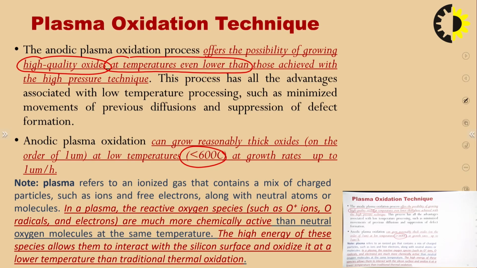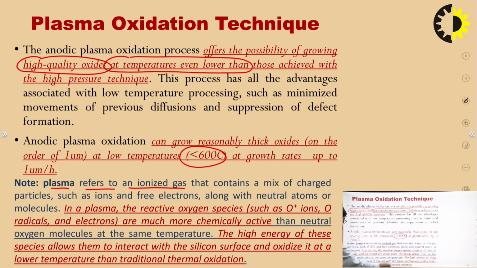So, let us see what a plasma is. Plasma refers to an ionized gas that contains a mixture of charged particles such as ions and free electrons along with neutral atoms or molecules. In a plasma, the reactive oxygen species such as O plus ions, O radicals and electrons are much more chemically active than neutral oxygen molecules at the same temperature.